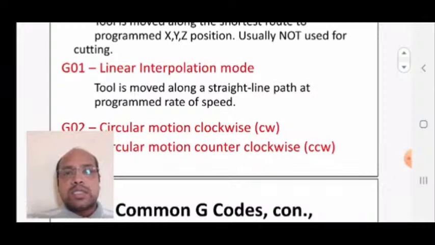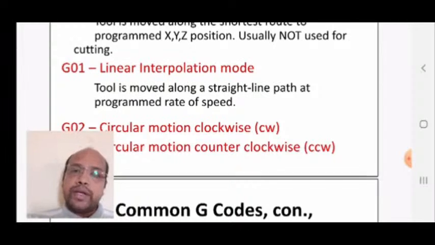The next code is G01, linear interpolation mode. You are going to use G01 to move the tool in a straight path. There is no circular path. Linear indicates straight motion of the tool. So you have to define the initial coordinates, that is the initial position of the tool, and the final coordinates, that is the final position of the tool.